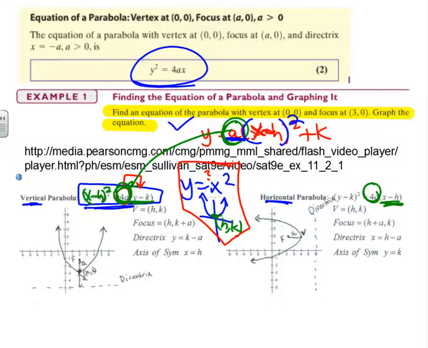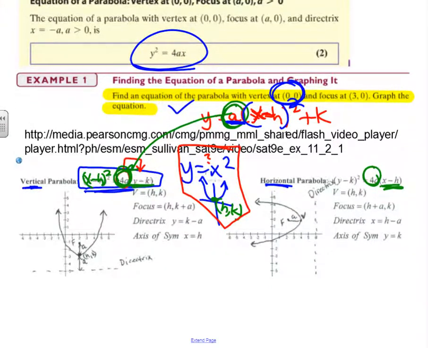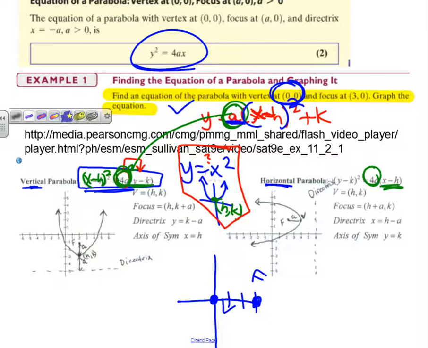So this very first example says find the equation of a parabola with a vertex of 0, 0 and a focus of 3, 0. I'm kind of a visual person, so I'm going to sketch this real quick. I want the vertex at 0, 0. We'll put a point there, and I'll label it V. The focus is at 3, 0, so 1, 2, 3. I'm going to put an F here. Is this going to be horizontal or vertical?